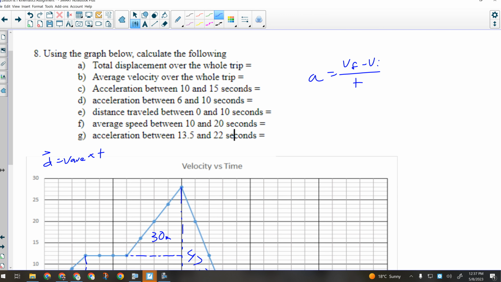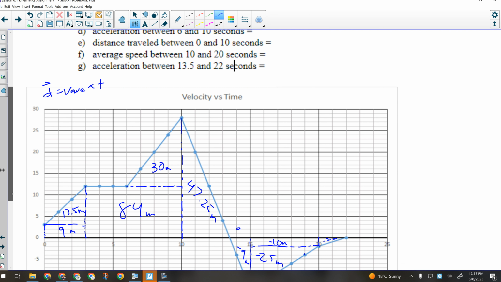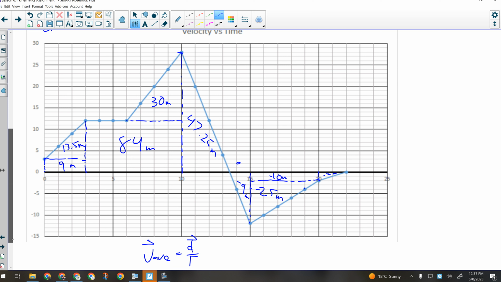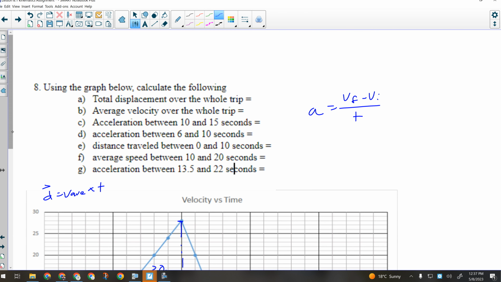All right, so acceleration between 10 and 15 seconds. So at 10 seconds, our velocity was 27, and at 15 seconds, it is negative 12. And so negative 12 minus 27. Okay, and that takes place over 5 seconds.